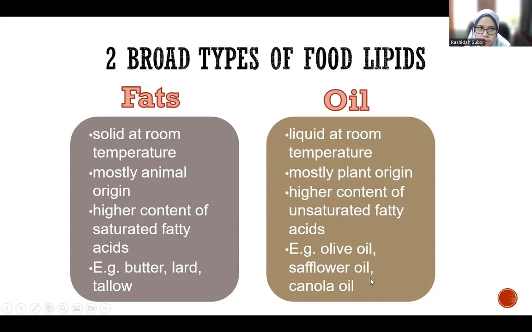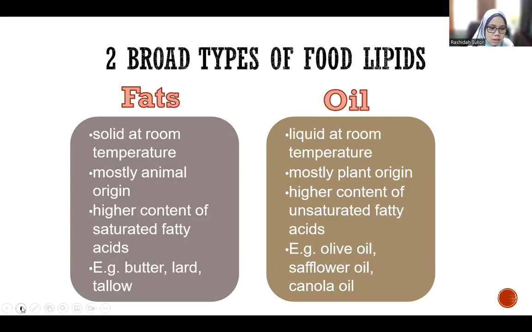These are all from the Mediterranean, US, like soybean oil. Okay, so these are mostly of plant origin. Mostly they are unsaturated. Okay, so these oils have a higher content of unsaturated fatty acids. Because of the unsaturated fatty acids, at room temperature they become oil.